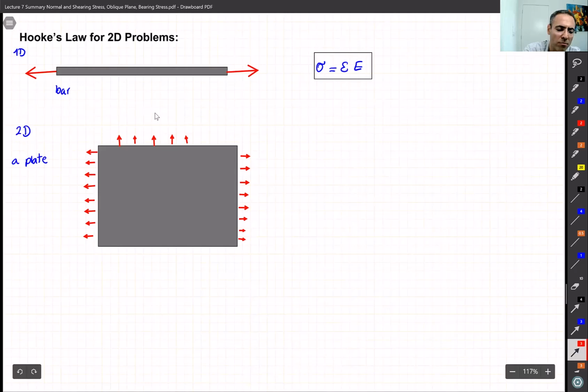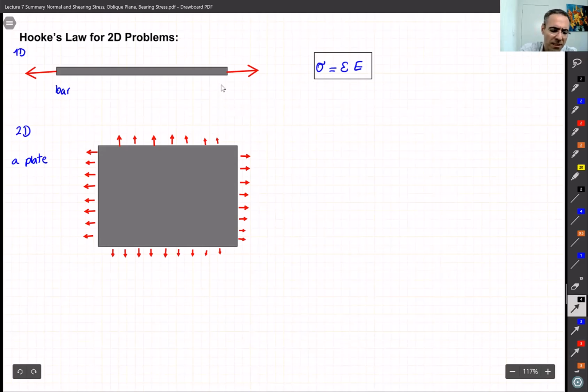By the way, I'm showing only tension, tensile loads, but it's the same concept when it is under compression. We just need to be careful with the sign, okay?